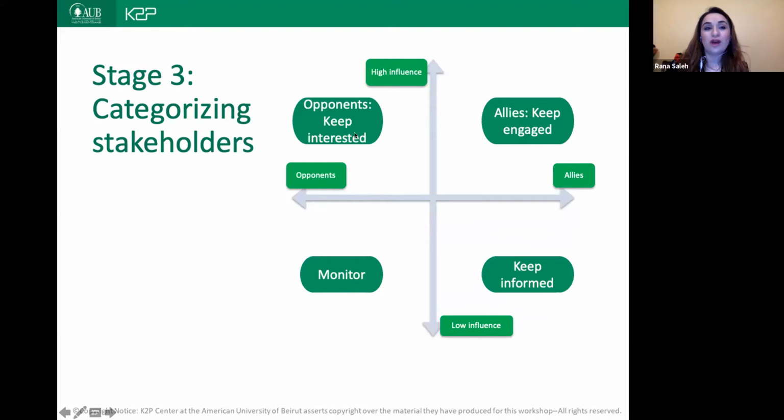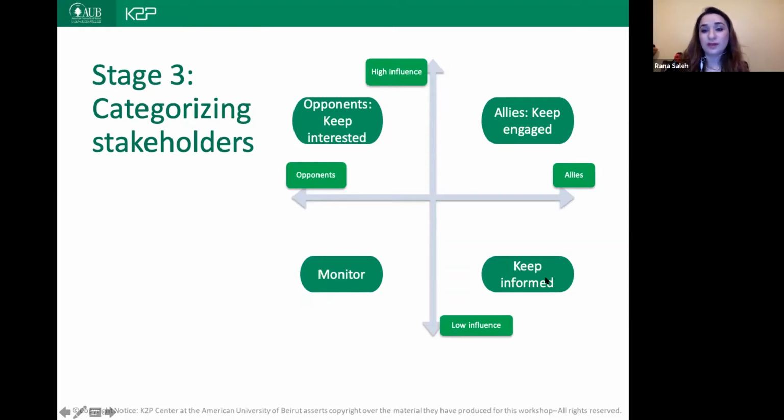Those who are in the upper left quadrant are your opponents who you should be keeping interested, who you should target in your advocacy campaign. Those are the people who are also opposition, but they are not that influential. However, you have to continue to monitor their work just in case they organize themselves and become more powerful than they used to be.